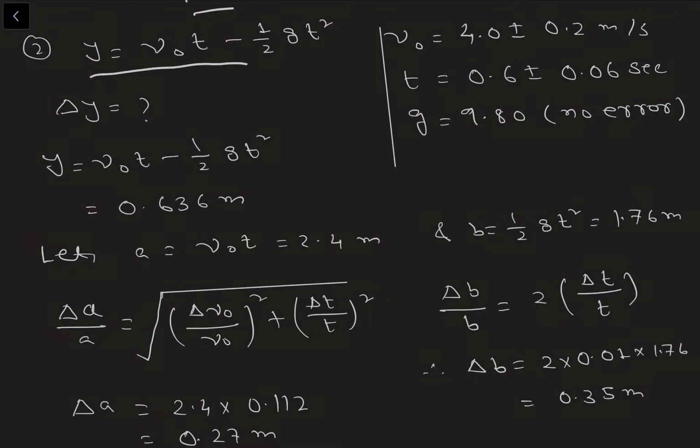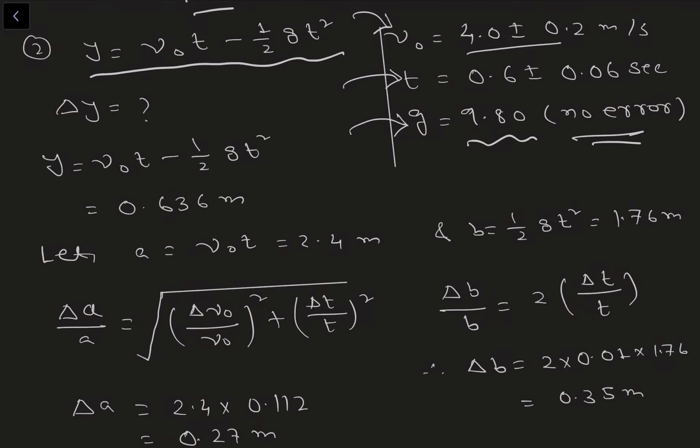Now the last one. So this is the famous equation to measure the displacement, if we know the initial velocity, the acceleration, and how much time has passed. Here the initial velocity is given with an error bar, measured time is given, and g is also given.